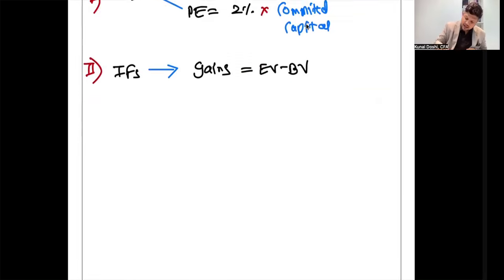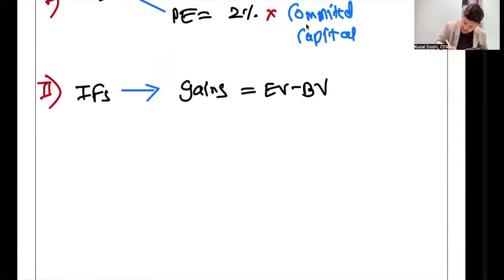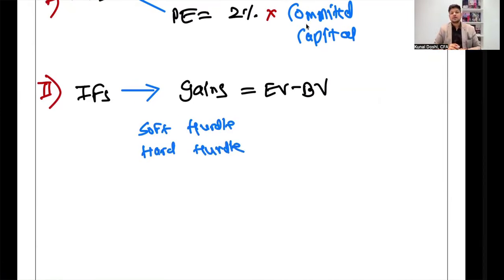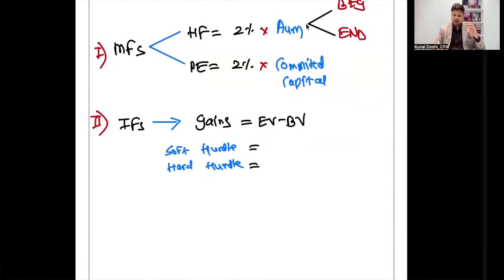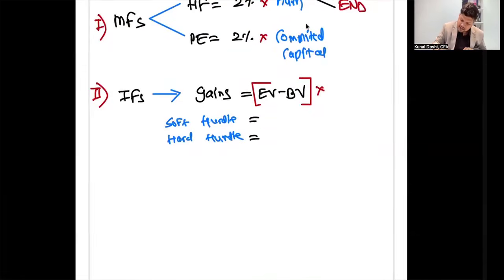If there is a hurdle, there are two types: soft and hard hurdle. In a soft hurdle, if there was no hurdle, I would have calculated 20% on the gains.